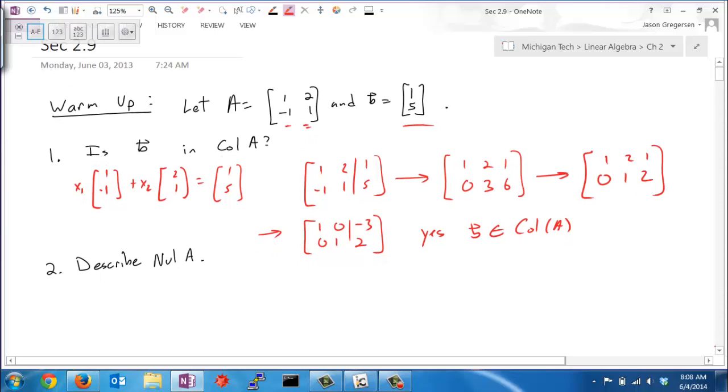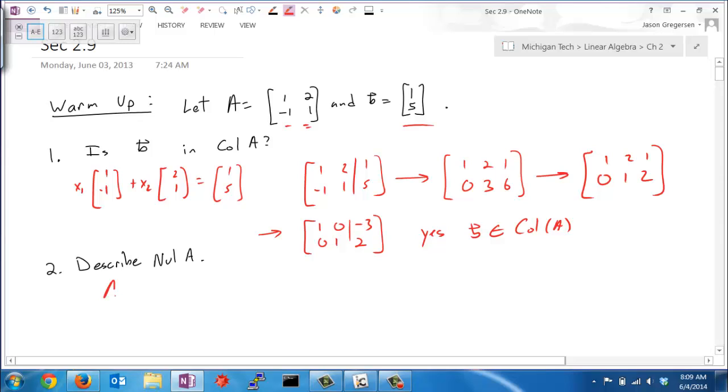Okay. The next one, describe the null space of A. What is the null space again? AX equal to 0. Absolutely. It's all the x's that get mapped to 0.